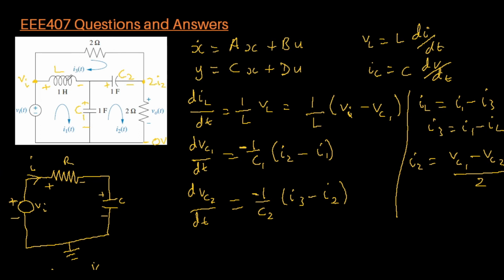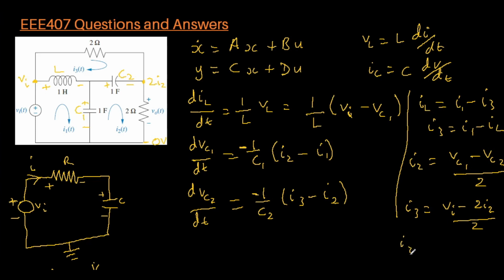I3 is going from left to right, so it could be VI minus 2I2 divided by this resistance. So my I3 will be equal to VI minus 2I2 all over 2. Now we know what our 2I2 is: I2 is equal to this expression.